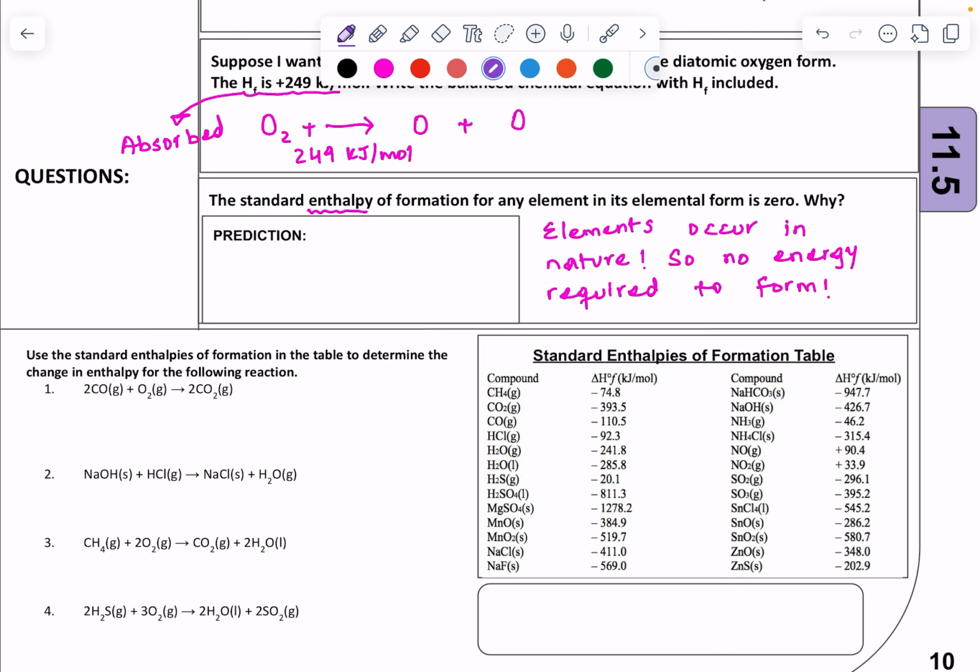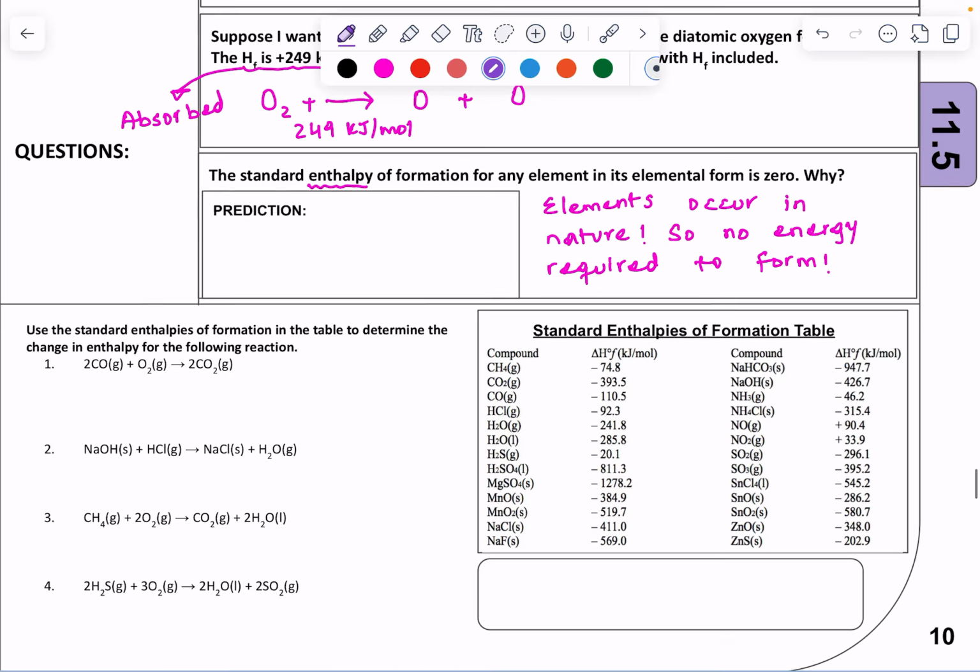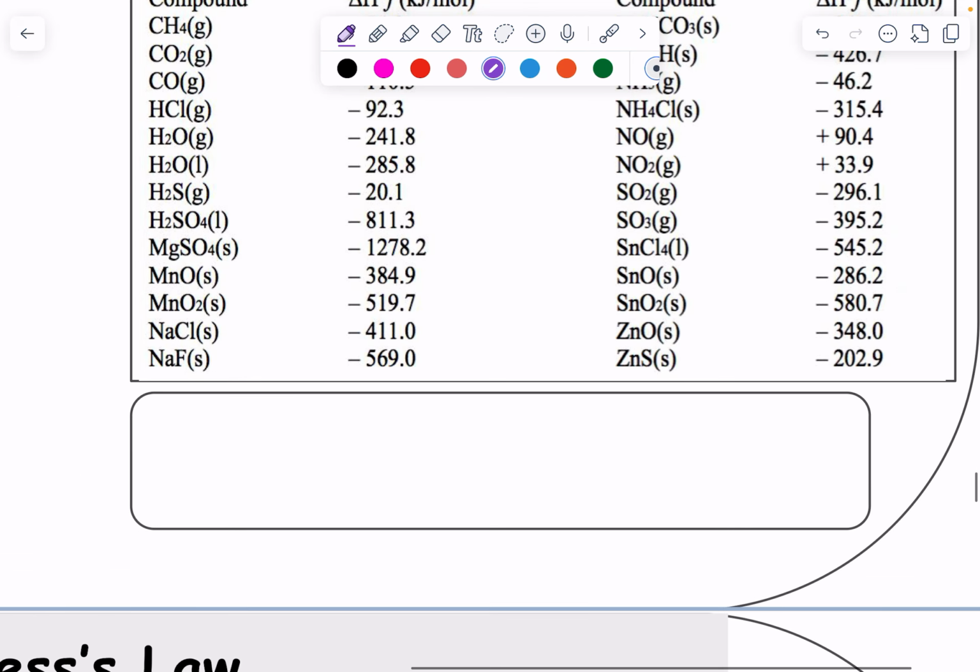Okay, so let's talk about how we can use these numbers if you are given the standard enthalpy. How can we use those numbers to predict or calculate the delta H? So super important. Remember that delta H equals the heat of products minus heat of reactants, the equation that we tweaked for the bond energy.